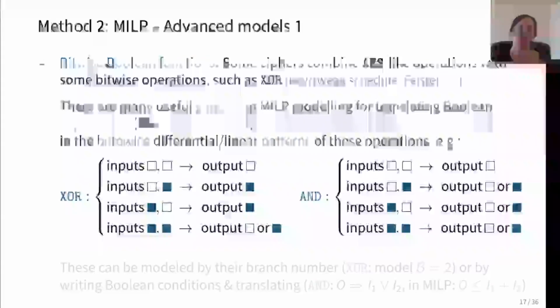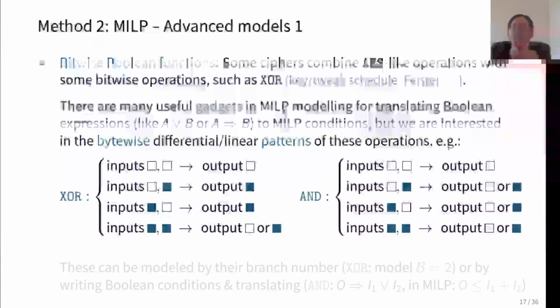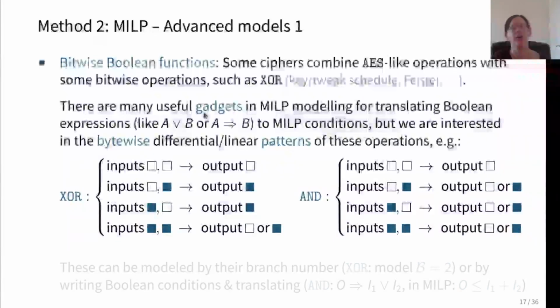Now, if you try to Google for Boolean operations in MILP, you will find many pages which give you some gadgets, how to translate particular Boolean expressions to linear constraints. So for example, if you have 2 variables and you want to model A or B, or something like A implies B, you can find suitable conditions.